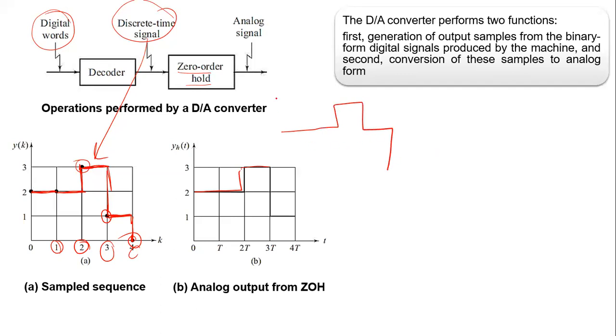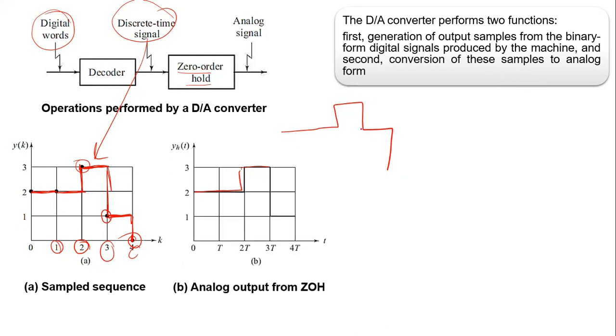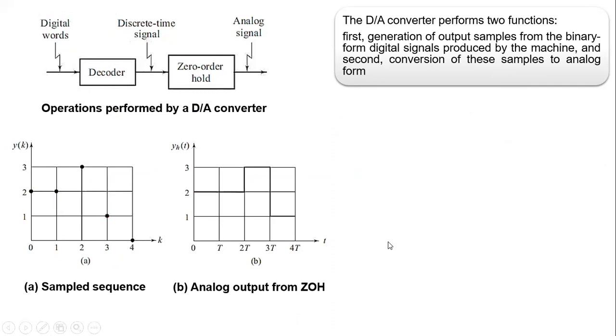Okay, so this is basically the analog representation of the given signal, but this is not the exact representation because of the hold circuitry we use. But there is a reason to use the zero order hold. Now, what is zero order? Zero order is basically the order of the transfer function of this hold circuitry, right?